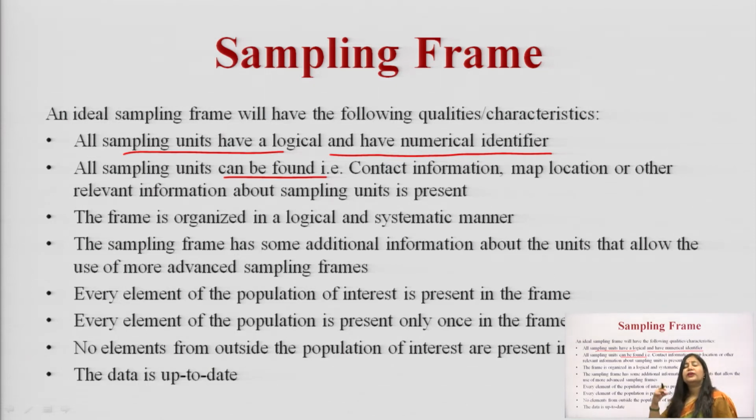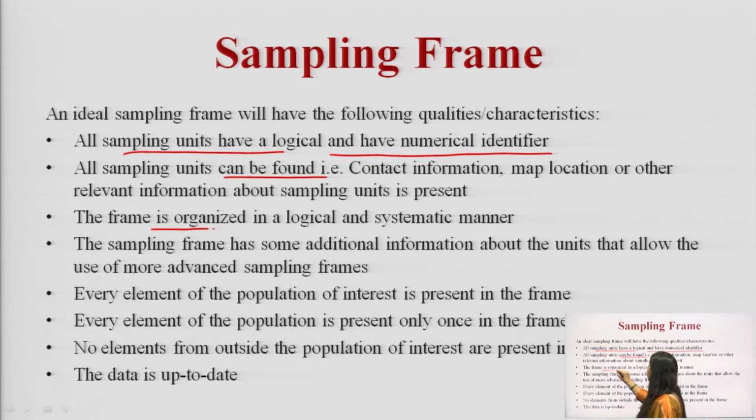If people are living in a very remote area, like a hilly area where transportation is not easy, then they should not be your ideal population, because you cannot easily contact them. So your units should be findable and easy to contact.